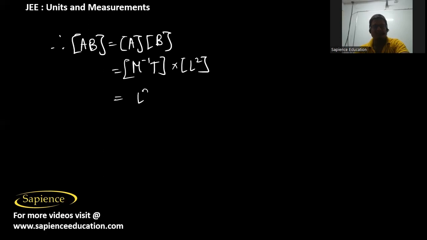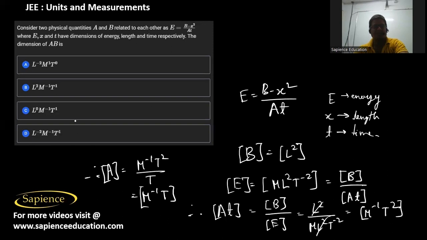So that will be equal to L square M power minus 1 T power 1. So option B is the correct answer.